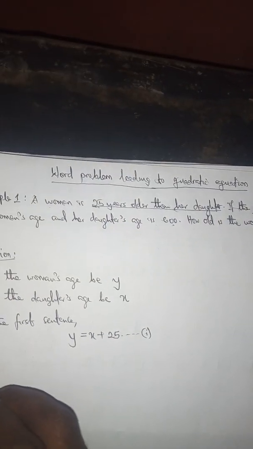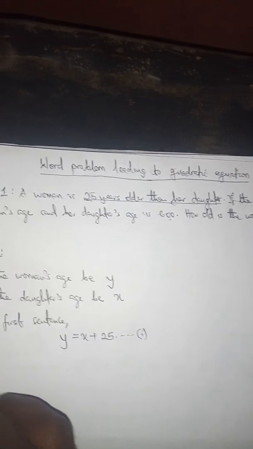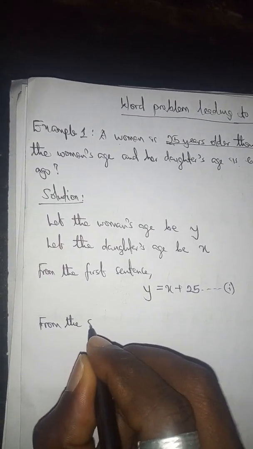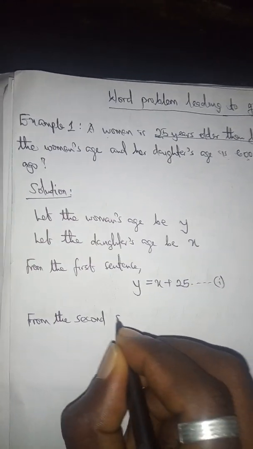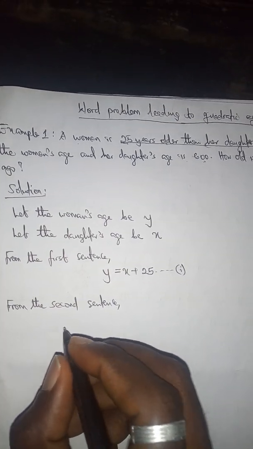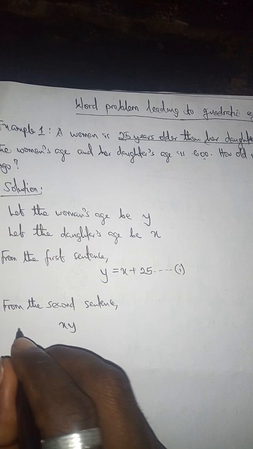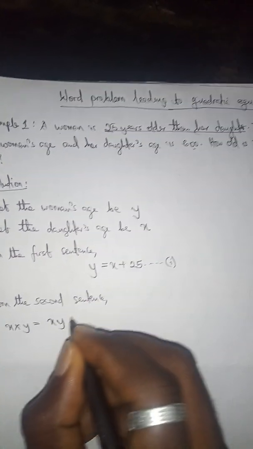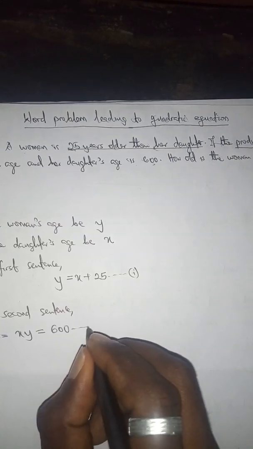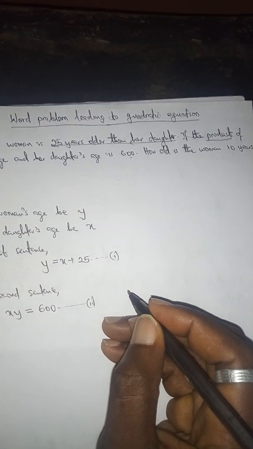Product means multiplication. So from the second sentence, the product of the ages, that is x times y, which is xy, is 600. So we can label this as equation 2. Okay?